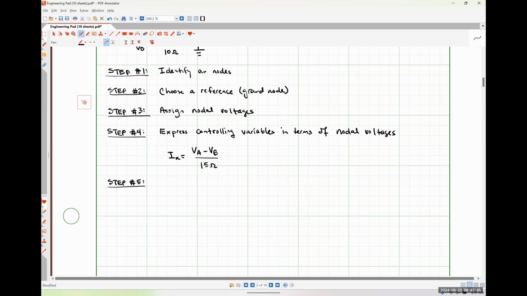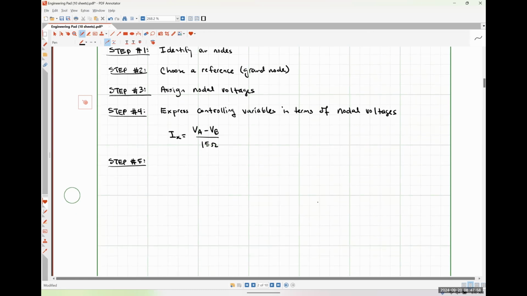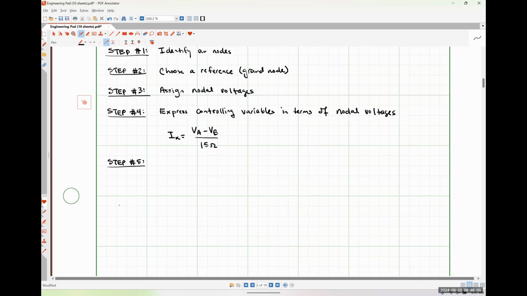We're going to have a new step 6, but I'm going to skip that as well, so that when we perform our nodal analysis or KCL at node A, we will see why we need these 2 other steps, okay? So this is the space for step 5. I'm intentionally leaving it blank. Here's the space for step 6. I'm intentionally leaving it blank.